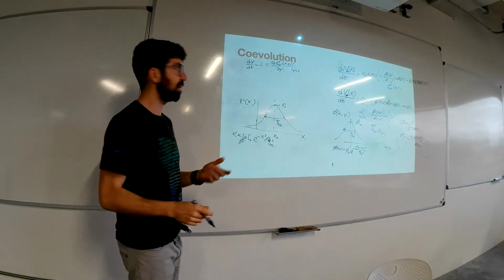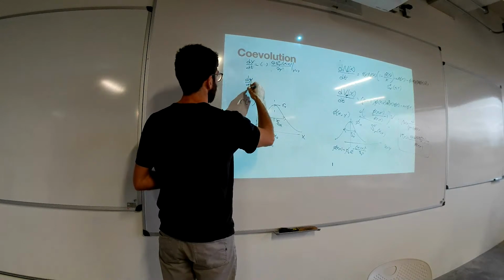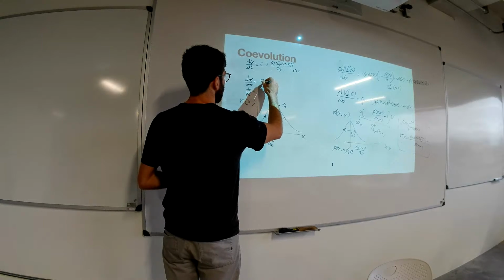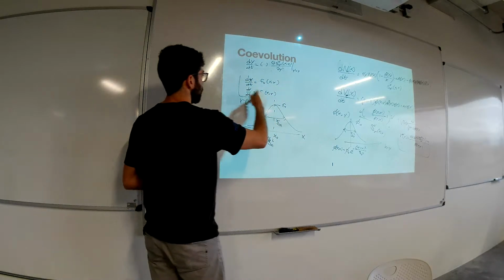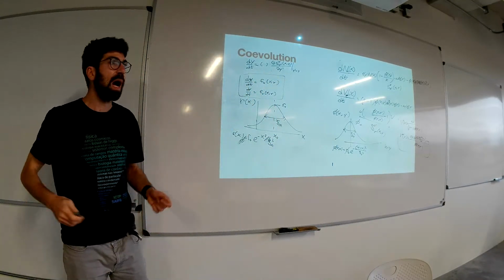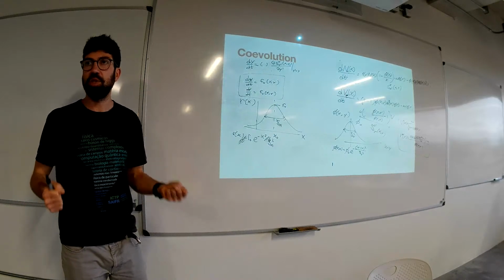Okay, and the same for phages. So you get some equations dx dt, dy dt equal to some f x y, f v x y. Okay? Which tell you how the traits of bacteria and phages change.